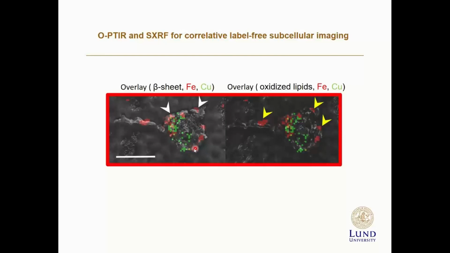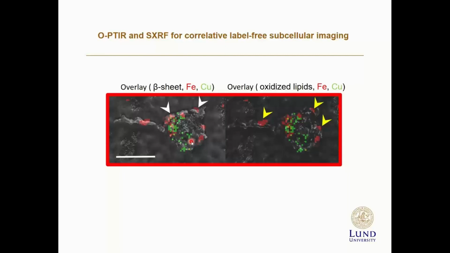And actually, what could we see? We could see that iron, but not copper, overlays with beta sheet structures and with lipids. However, we could not see that all beta sheet structures contain iron and that all oxidized lipids are co-localized with iron.